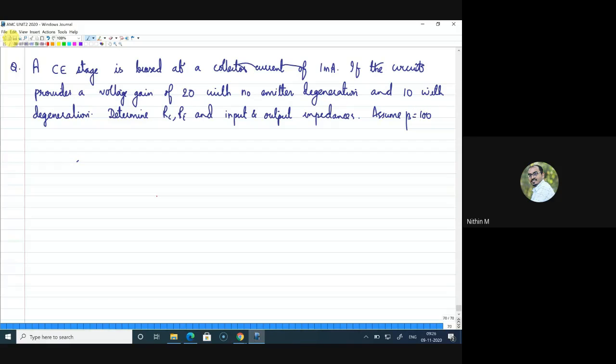So I request each one of you to do this problem. If you can solve this, it means you are clear with the amplifier concept, at least common emitter and common emitter with degeneration.